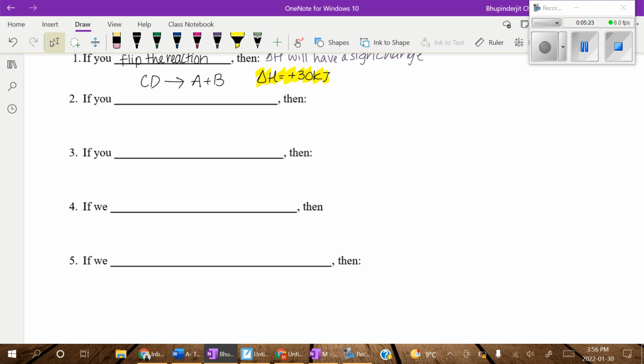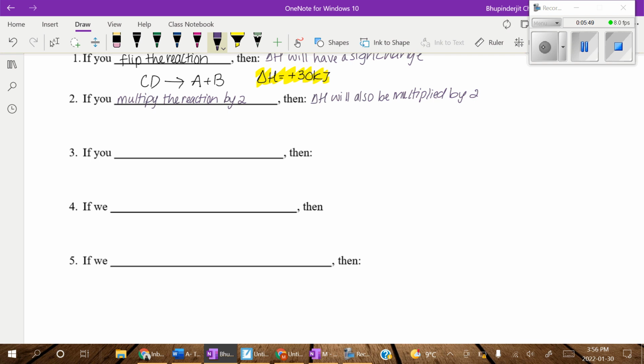Next one, if you multiply the reaction, and I'm just going to say by 2, then delta H will also be multiplied by 2.